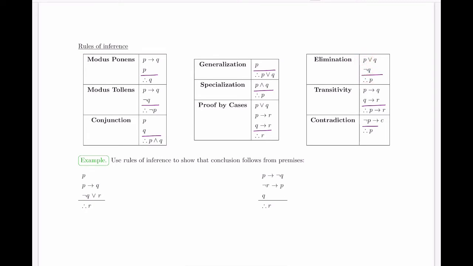Transitivity is kind of like a chain reaction. If P implies Q and Q implies R, it means that we can skip the Q as the middleman and draw the conclusion that P implies R directly. The contradiction rule, remember that C stands for a statement that is always false. We have that if not P implies contradiction or false, it means that we must have P instead of not P. Now, you don't have to memorize any of them, and please don't.